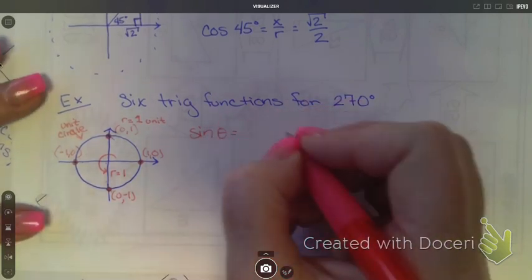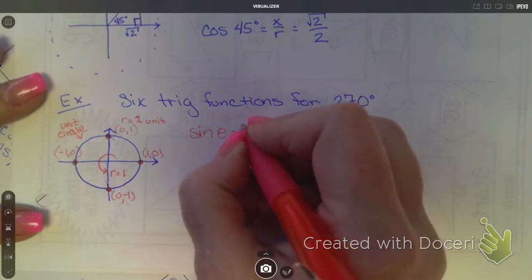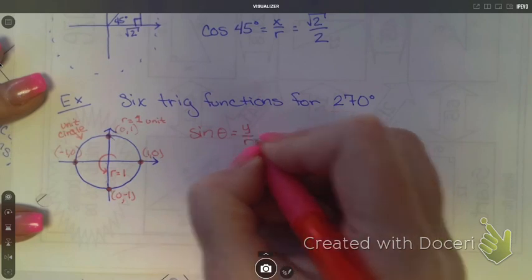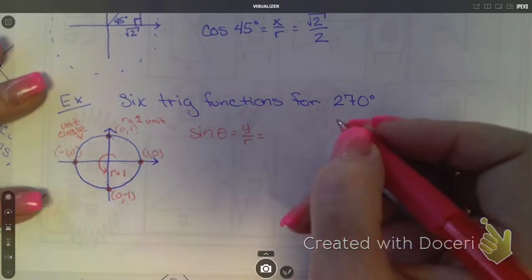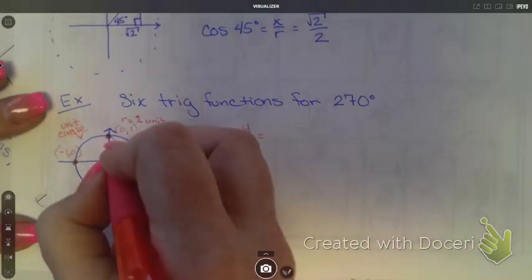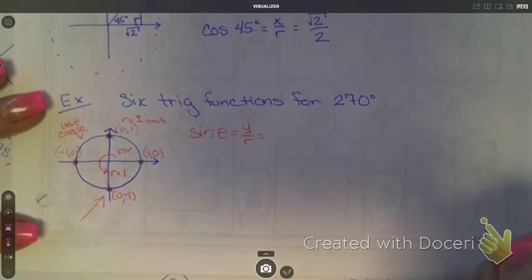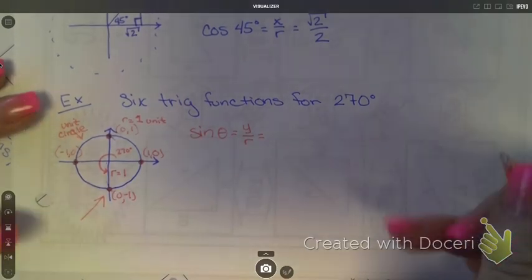Y over R. Well, what's Y? We're at 270 since we wrote all this stuff down. Wait, why did you put theta now, not 270? Oh, you're right.